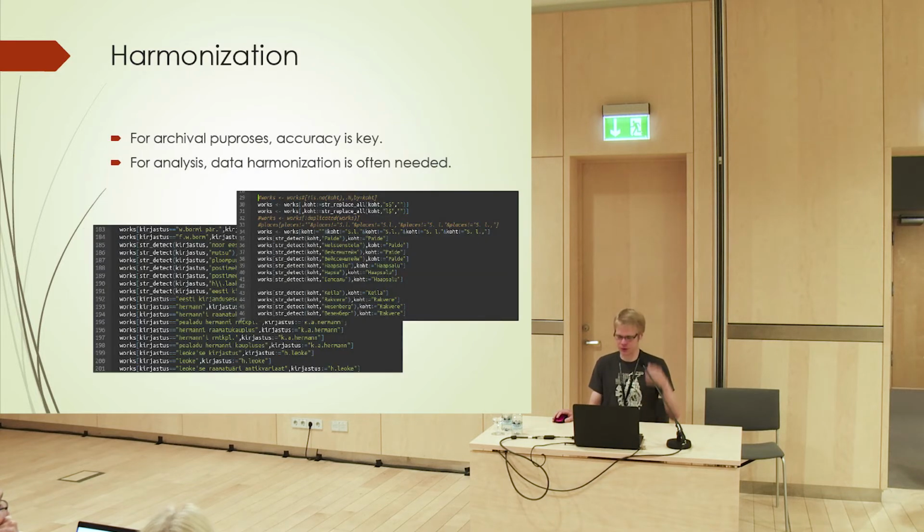And another thing that is necessary to do if you want to analyze the data within these bibliographies, then these have been built to preserve. So they have exactly the information that the book contains. So, for example, if it was written in Tartu, it can include as its name Dorpat, Jurjev, Tartu, or it can use Cyrillic, it can use Estonian.